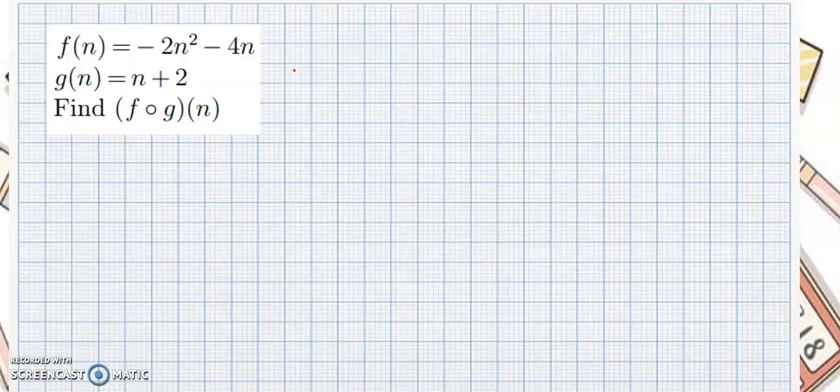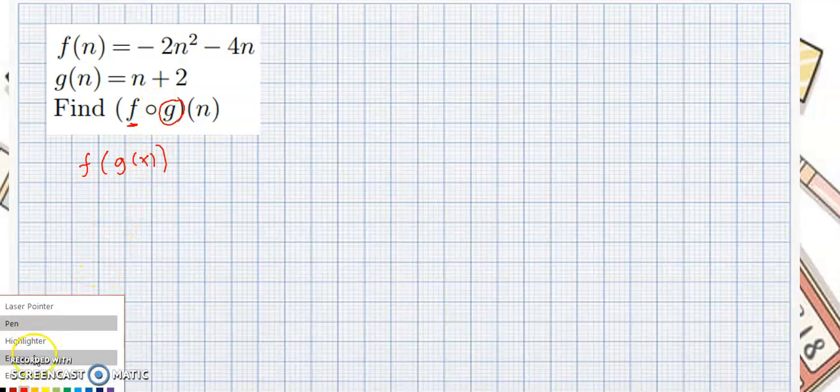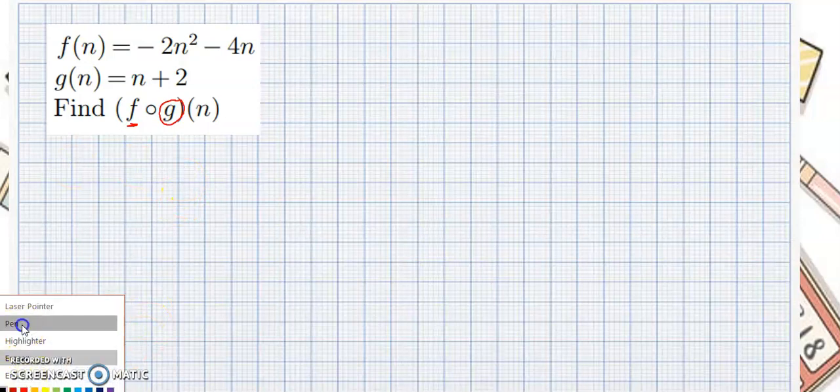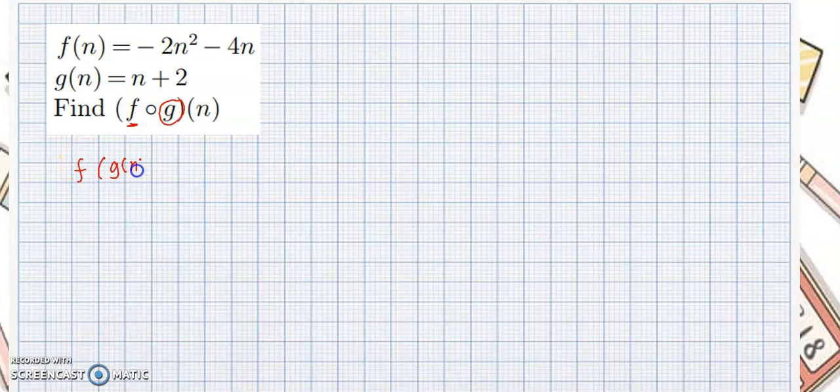So in here, we have f circle g of n, meaning we need to insert g into f. Or simply, this would be f of g of x. So x would be g of x. Instead of using x, we will use n because your variable here is n. So f of g of n.